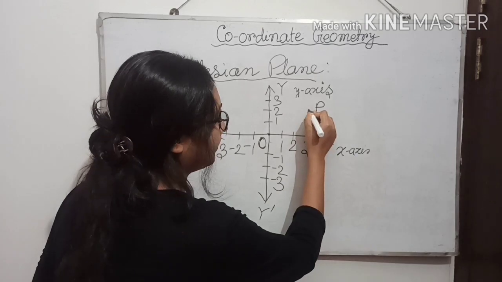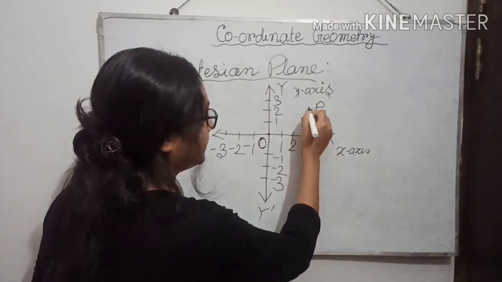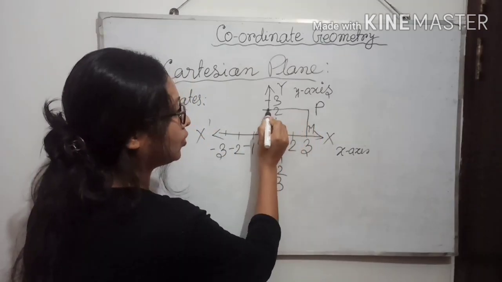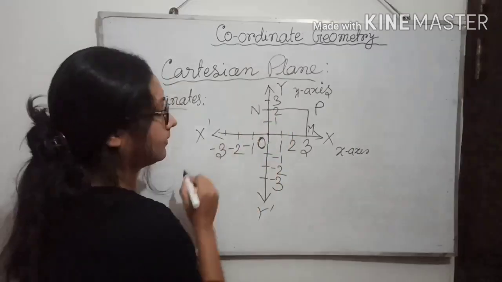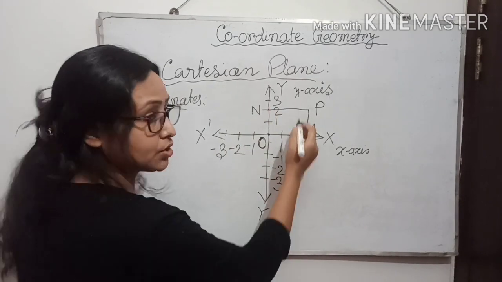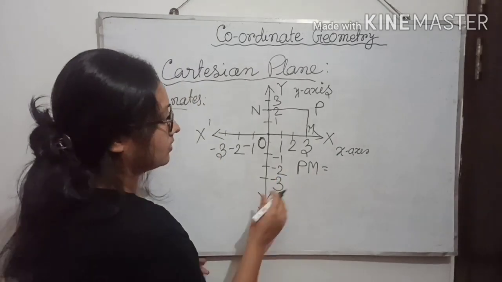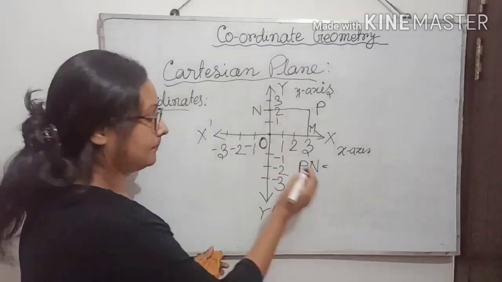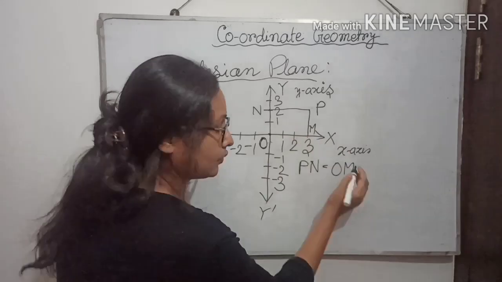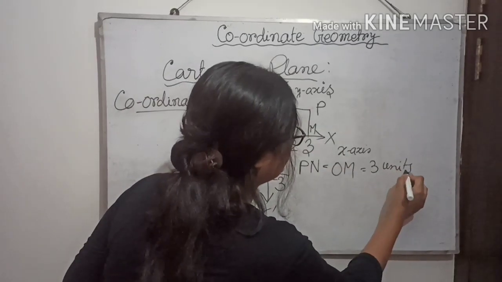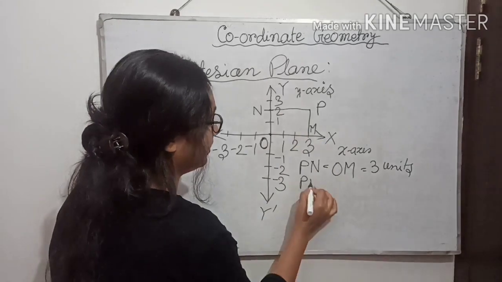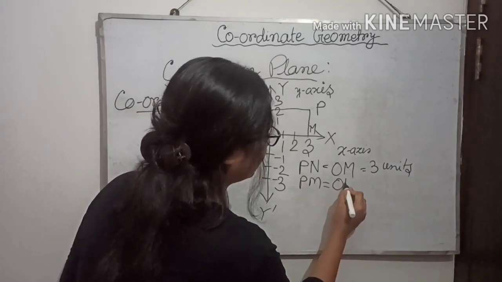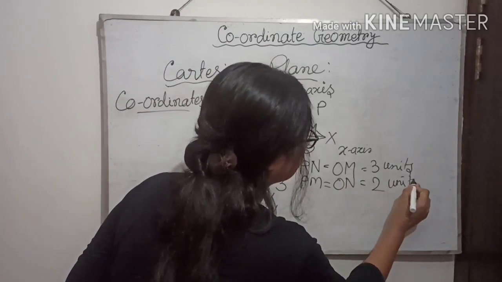The perpendicular distance from P to the x-axis is named PM, and the perpendicular distance from P to the y-axis is named PN. So what is PN? PN is equal to OM, and OM is 1, 2, 3 units. Again, PM is equal to ON, and ON is 1, 2 units. So PM is equal to ON and is equal to 2 units.